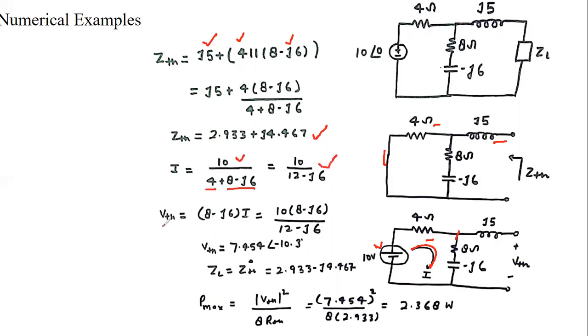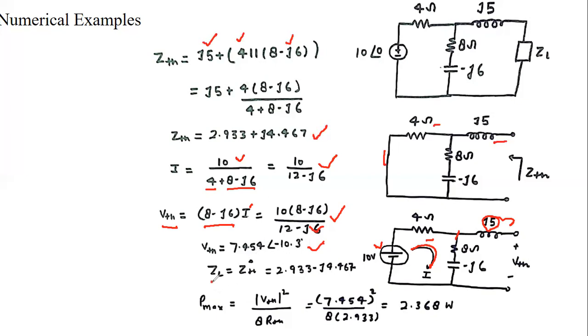The value of VTH: because there is no current in j5, that drop is 0. So this is equivalent to the voltage across 8 minus j6 times the current in this branch, that is I. Now put the value of I.